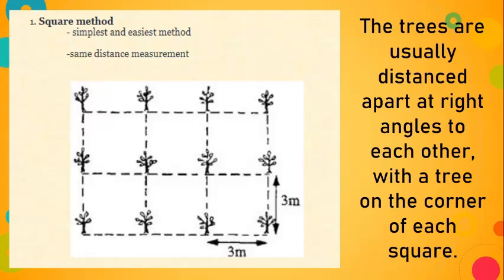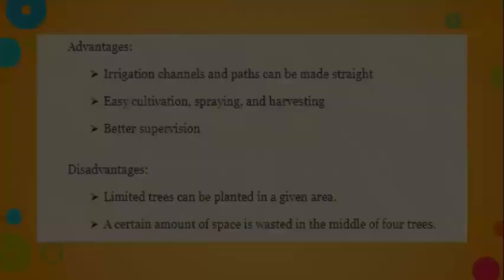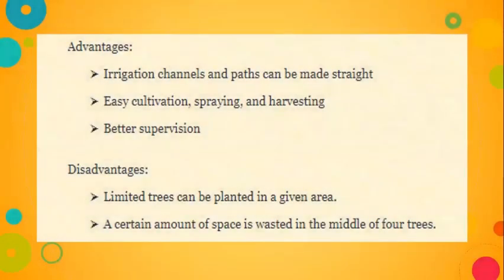Same distance measurement. See, look at the illustration. It forms a square. That's why we call that square method. The trees are usually distanced apart at right angles to form a square, of course, to each other, with a tree on the corner of each square. So we have advantages and disadvantages.